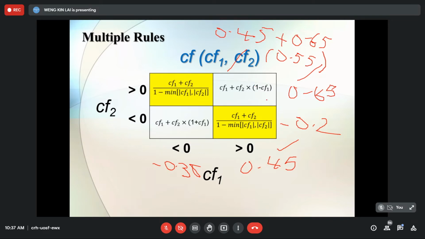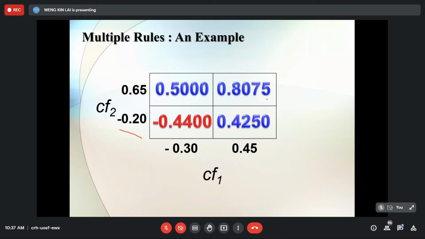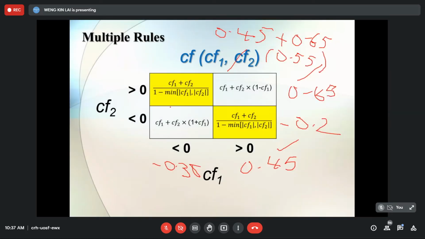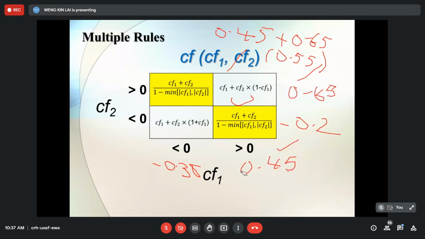So, that's how you solve the rest. So let's look at this. Okay, so this will give you 0.8075. So can someone punch in the numbers? 0.65 multiplied by 0.55. What do I get?